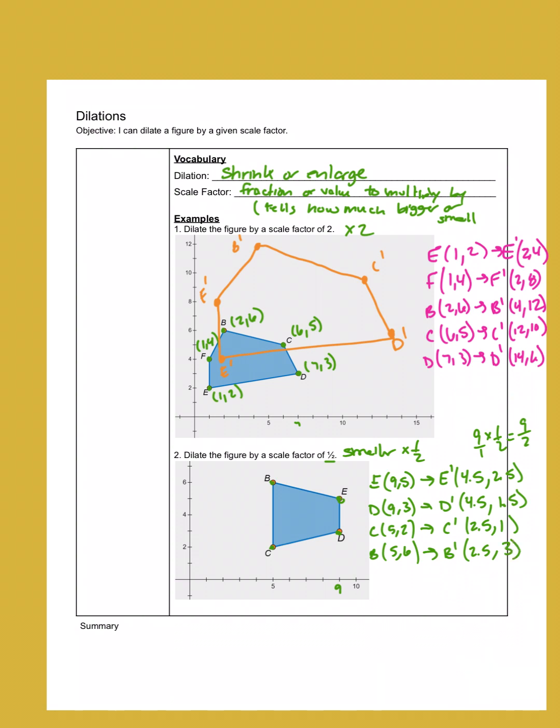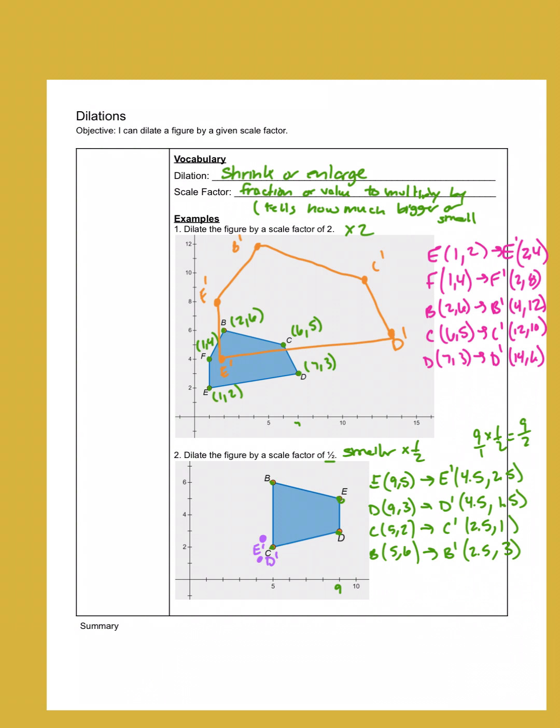And then we're going to take all of our new points for our image. I'm going to plot those. So E prime should be at 4.5, 2.5. So I kind of estimate 4.5, 2.5. And that is going to be our E prime. And then D prime is at 4.5, 1.5. That's our D prime.